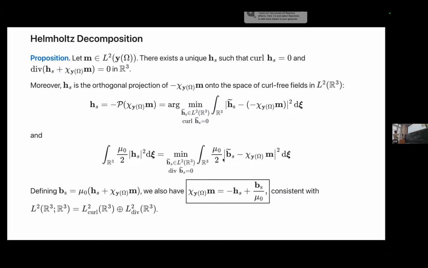And basically, this observation is the key to go from the MH-based formulation to the so-called B-based formulation, so to use B as the other independent variable.